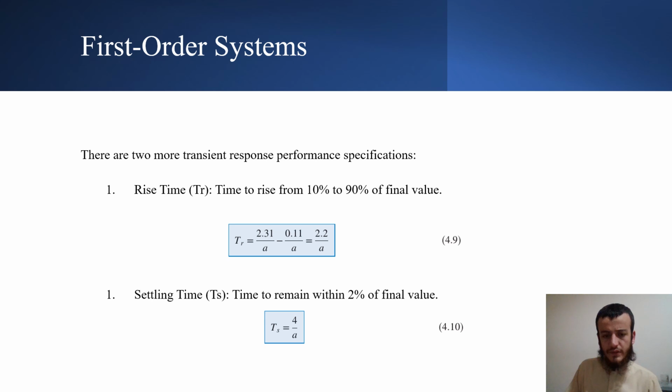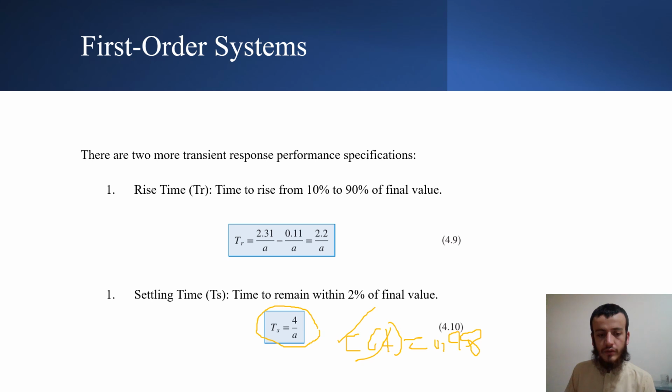If we have c(t) equal, we said 2%, yes? It means 0.02. Then c(t) equals 1 minus 0.02, which is 0.98. If we put this value in c(t), we get the settling time, which is 4/a. That's okay. The next one.